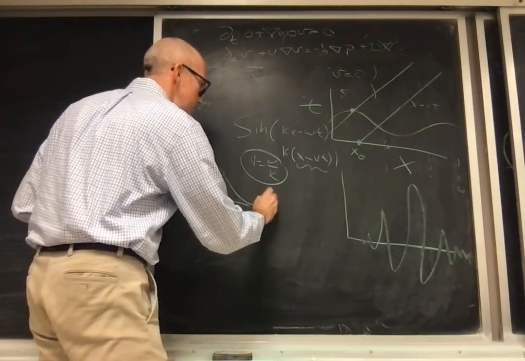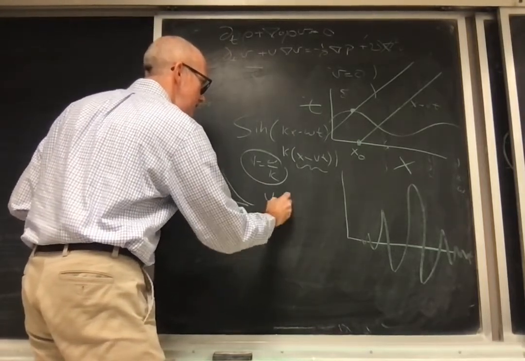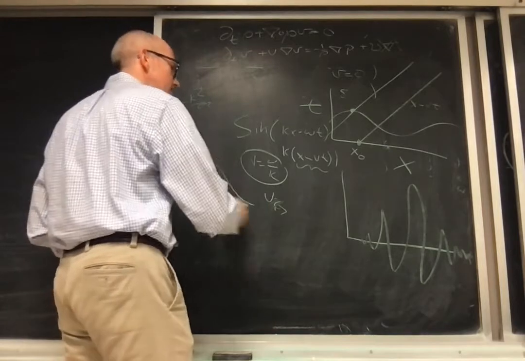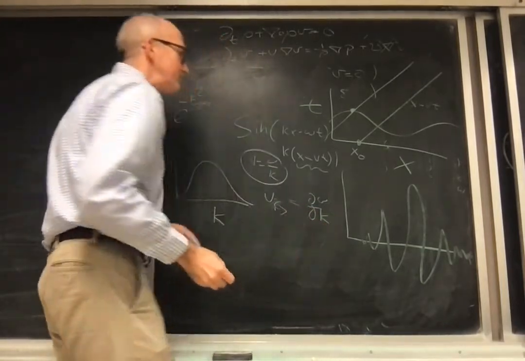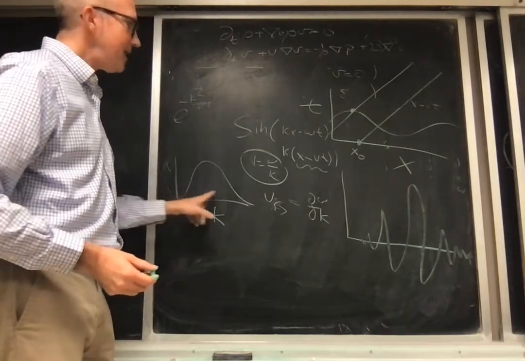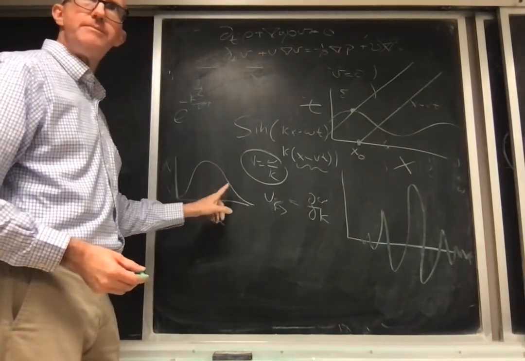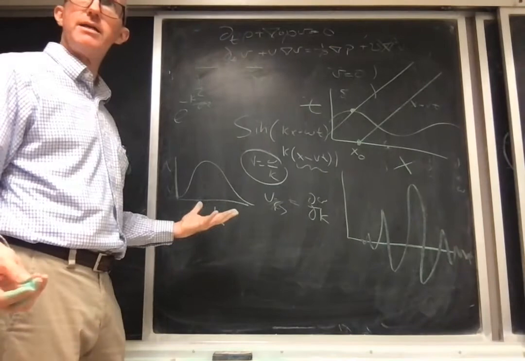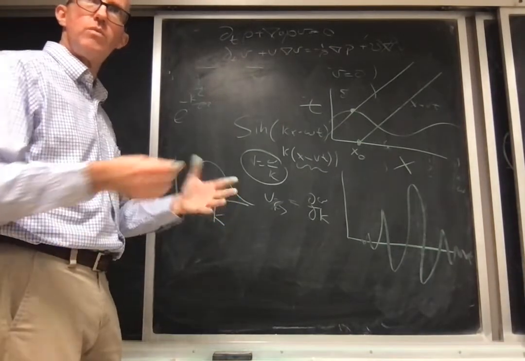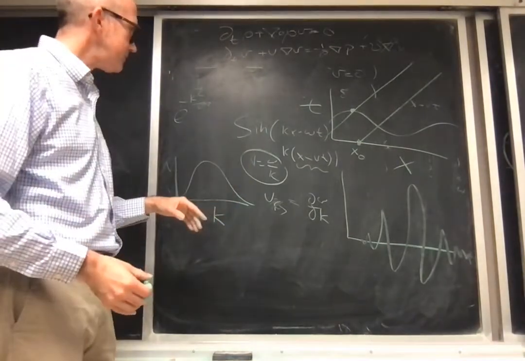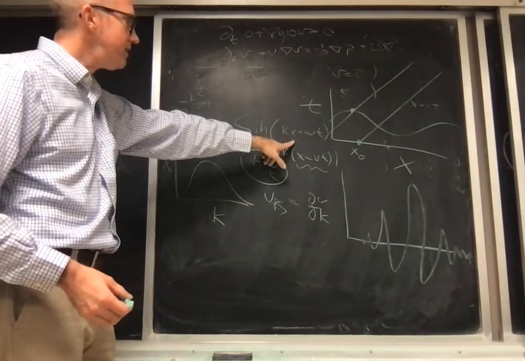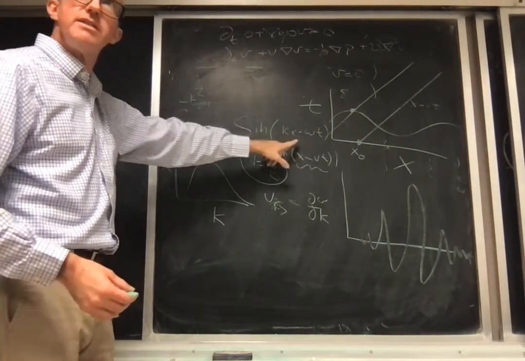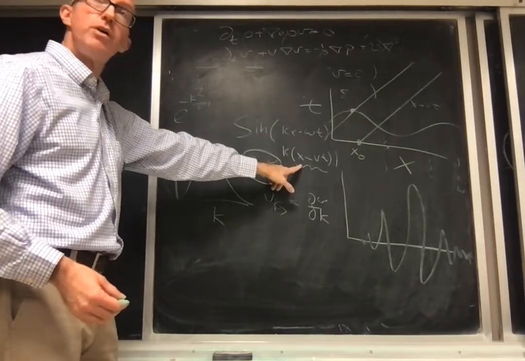This winds up moving with the speed vg, this whole packet of stuff, that's d omega dk. And it's a derivative because this has to have a bunch of different wavelengths in it for it to make sense as a packet. Otherwise, it's only one wave forever. That's not a great derivation. This part is okay. So remember this. The phase speed is the stuff that's inside the sine, and that's just algebra.